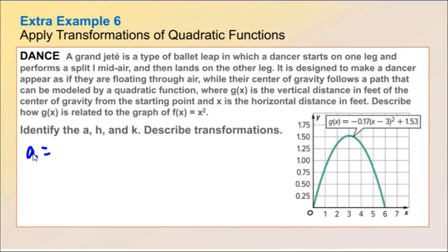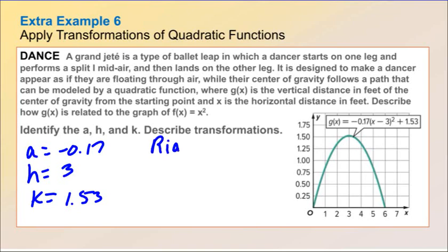So our a in this example is -0.17. Our h in this case is 3, and our k here is 1.53. If we were to describe the transformation, this would be to the right 3, up 1.53.